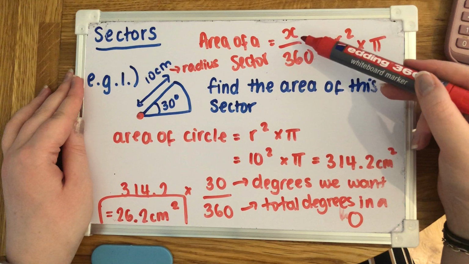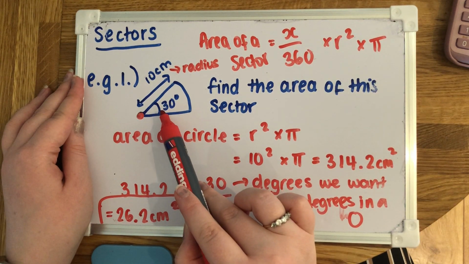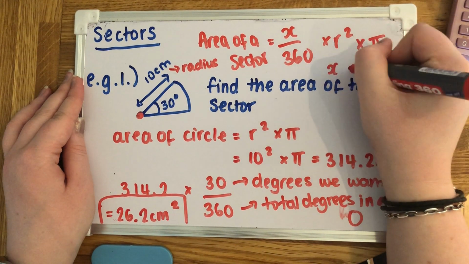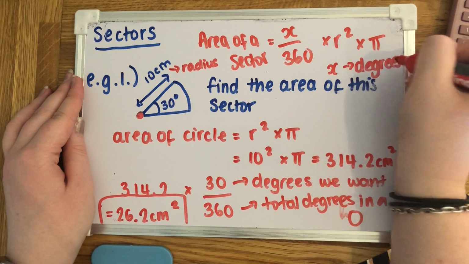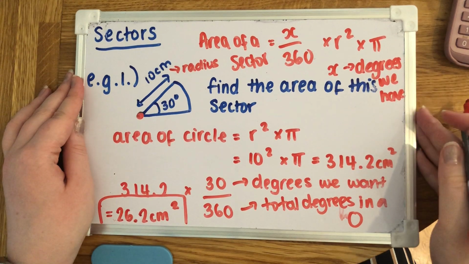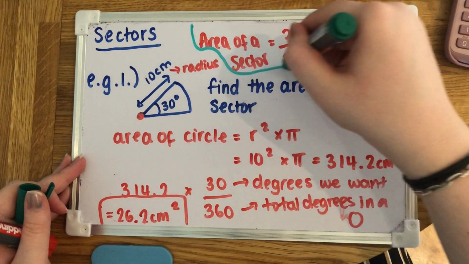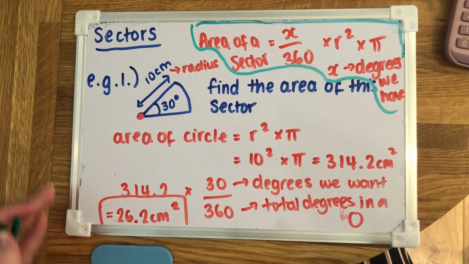X just represents the degrees that you want. So because we wanted 30 for this question, our X was 30. So that is the formula if you want to just learn a formula.